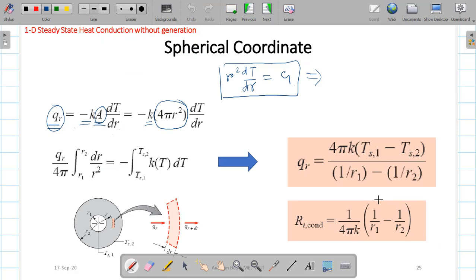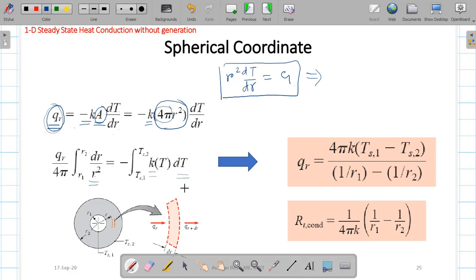The next thing is to find the rate of heat transfer. We can directly use these results, or put in the derivative of the temperature. Since Q_r is constant, the 4 pi is taken to the left side just below Q_r, and r square is also taken to that side with the dr. So dr by r square is on the left-hand side, and the remaining terms are K and dT.